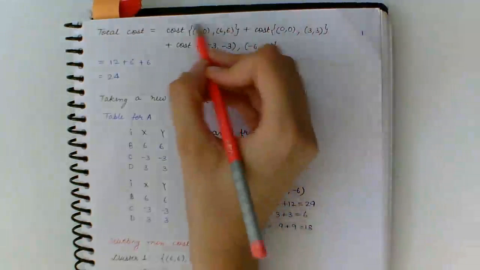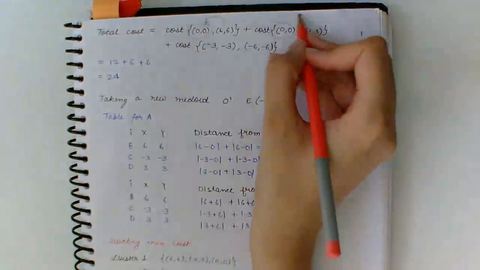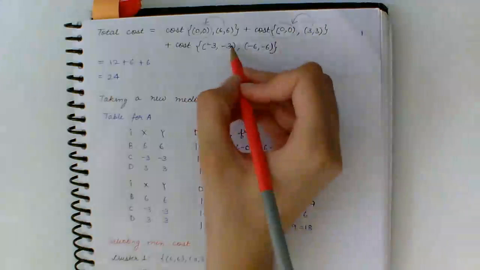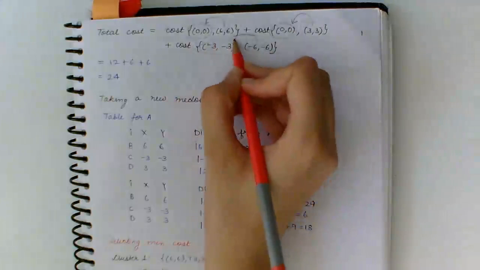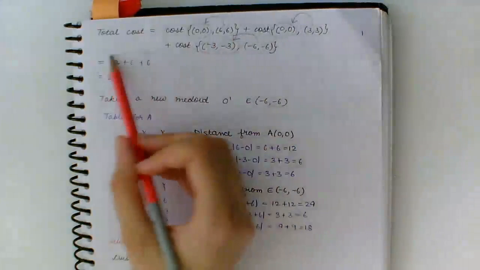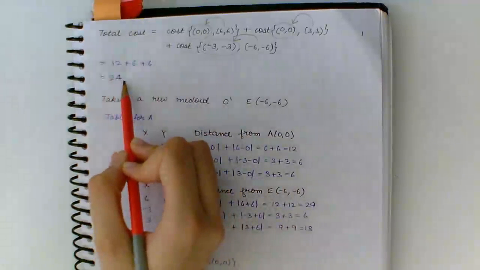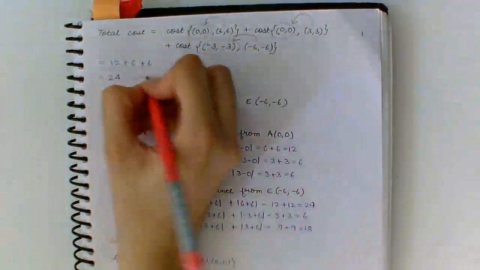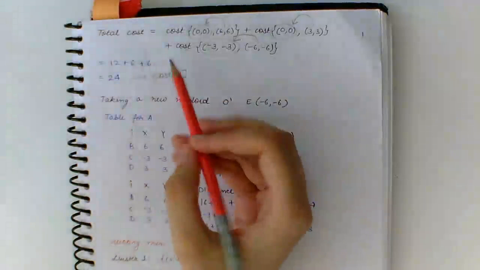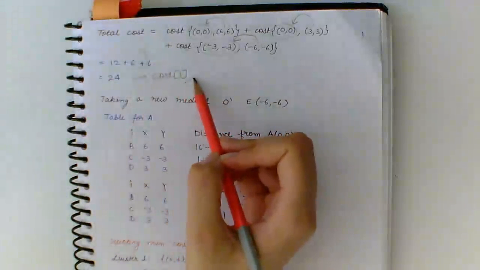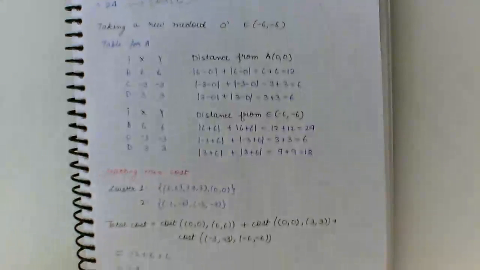As this is the medoid and these elements belong to this set, and this is the medoid and this element also belongs to this set, we write the cost values as we have previously calculated. So it becomes 12 plus 6 plus 6, that is 24. This can be taken as our cost 1 for the first set of medoids we have taken.